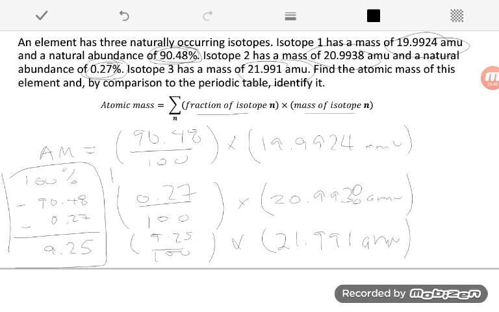And now all I do is add these 3 pieces together. So I can punch this into my calculator, 90.48 over 100 times the mass, and then add the second component and add the third. So this is for isotope 1, isotope 2, isotope 3, and we just need to add them all together. That's it.